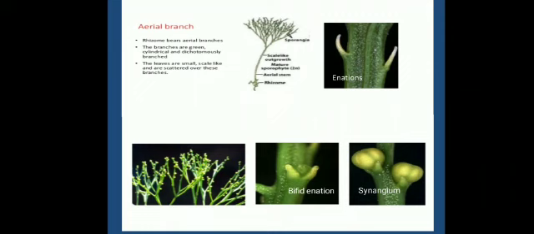Leaves are here called enations, and these enations are devoid of vasculature. On the upper part of the aerial stem, you can see a number of beautiful trilobed structures present on bifid enations. These are called synangia.